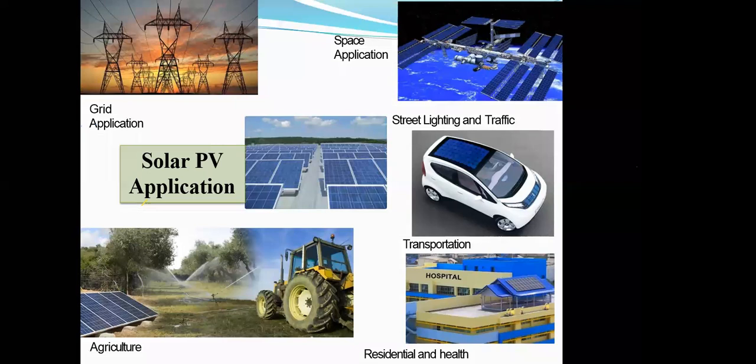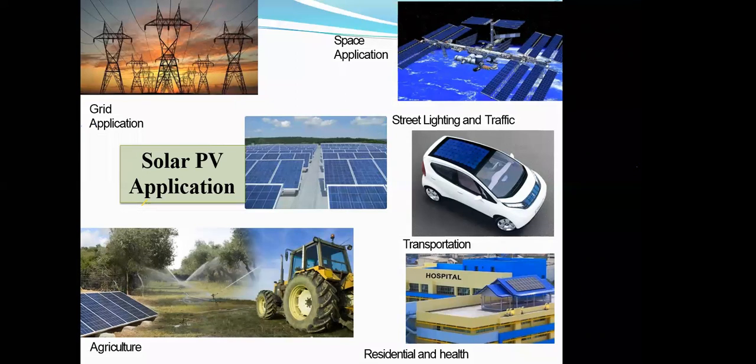Another one is the grid application system, in which we are either taking from the grid or giving to the grid, both ways. If we have a surplus of electrical energy, we can even give it to the grid. At the top right, you can see the space application. There we can see the spacecraft which flies in space.